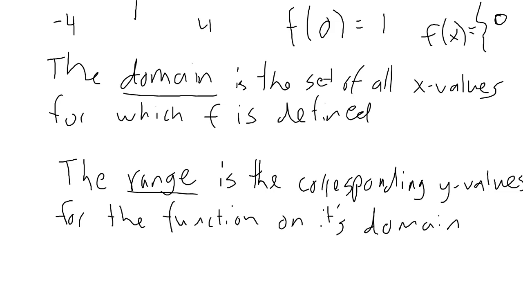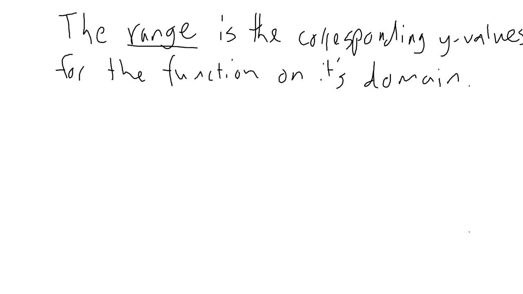So the range is all possible outputs of the function, and those outputs are only possible if the input was possible. So you have to restrict the range to be only outputs from the domain of the function.